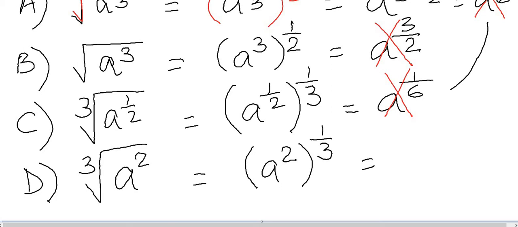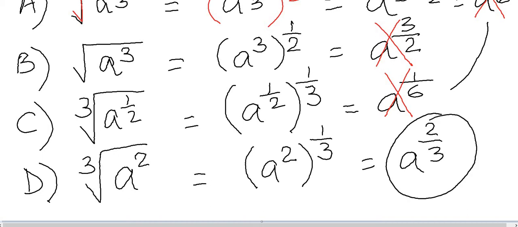And then you multiply 2 by 1/3, which gives you 2/3. And that is what the question was asking, which of these four options equals a to the power 2/3. So this is the correct answer. So the answer is D.